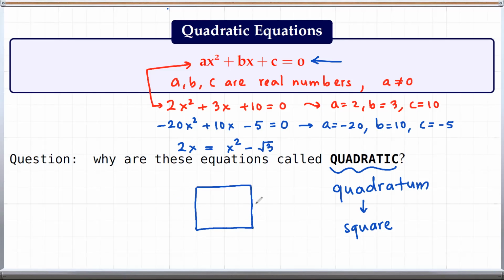If you have sides x like this, then the area is simply x squared. And this equation, a quadratic equation, has an x squared term over here. So that's why we call these equations quadratic, because it is connected with square, which is quadratum in Latin.